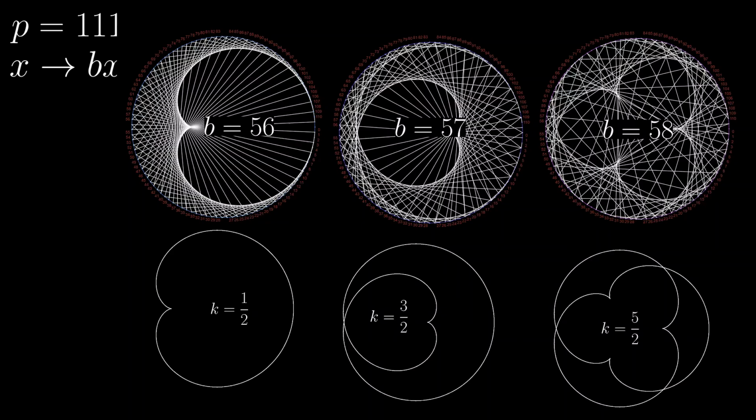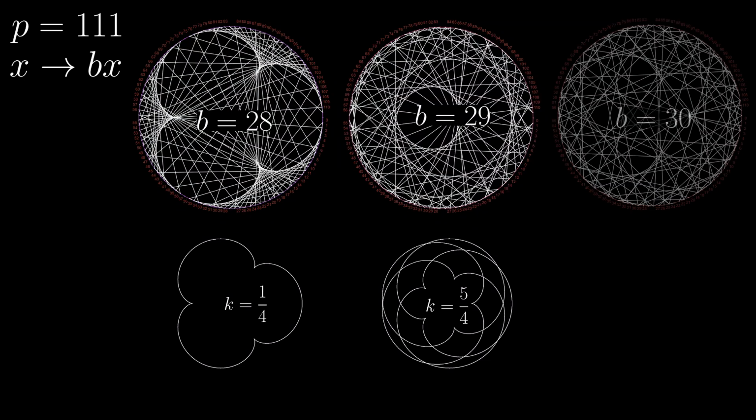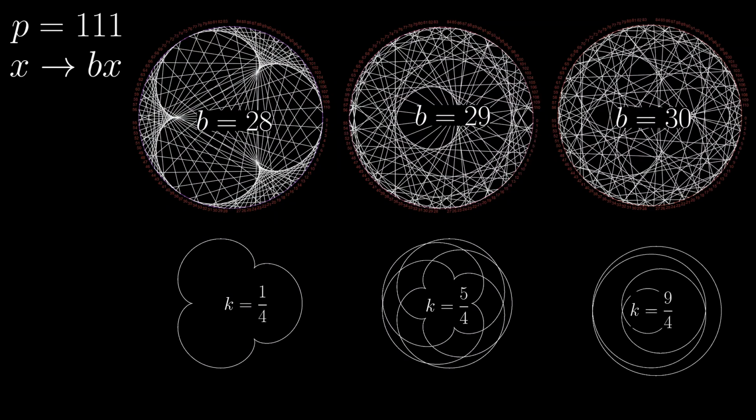How about when b is nearly a fourth of p, in this case, where p is equal to 111? When b ranges from 28 to 30, the ratio of the general epicycloid ranges over 1 over 4, 5 over 4, 9 over 4. Perfect. The denominator clearly is the nearest ratio of p over b, and the numerator again follows the rule 1, 5, 9, and so on.